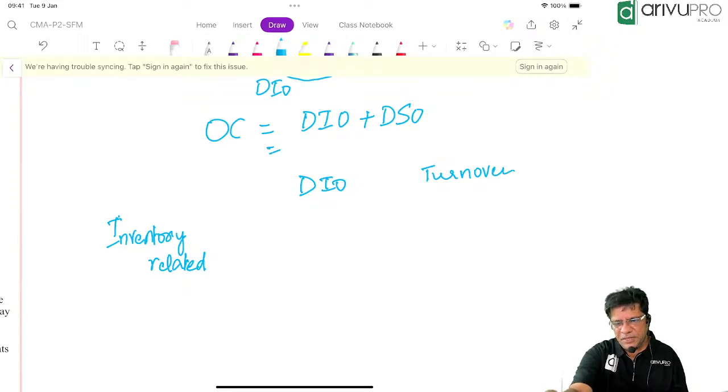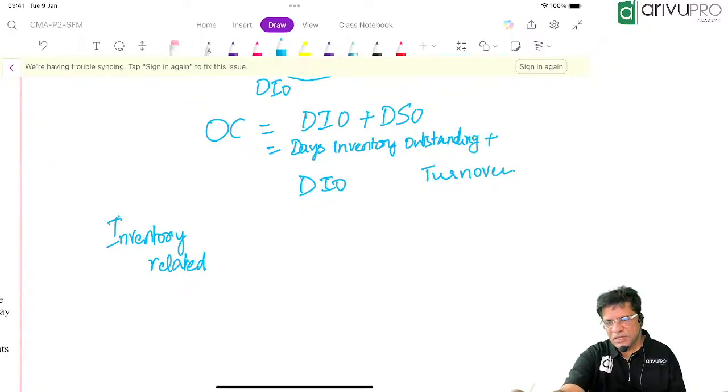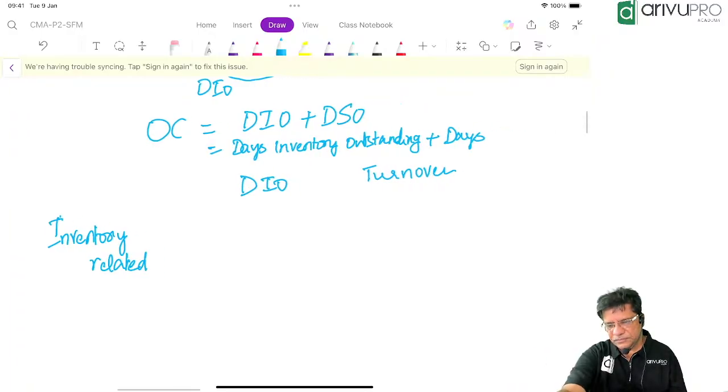Before you start the table, write down days inventory outstanding, plus DSO, days sales outstanding.